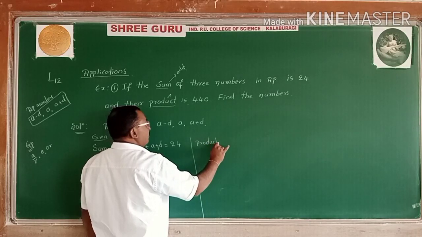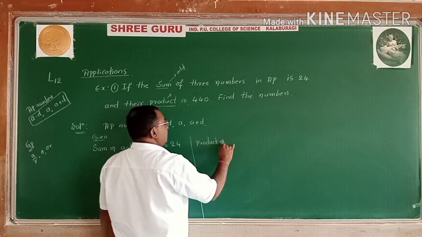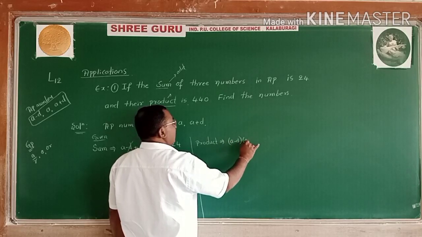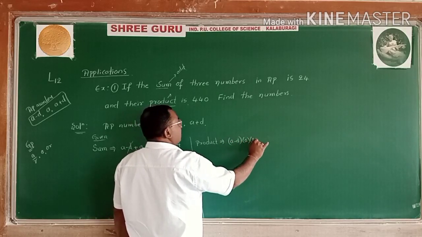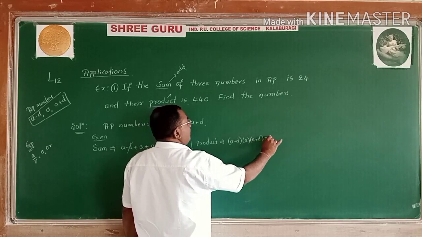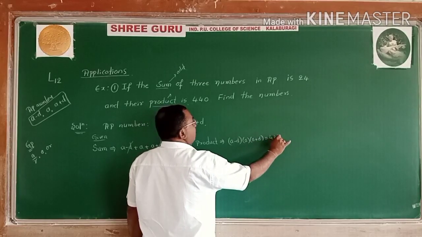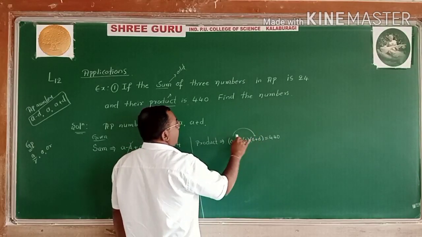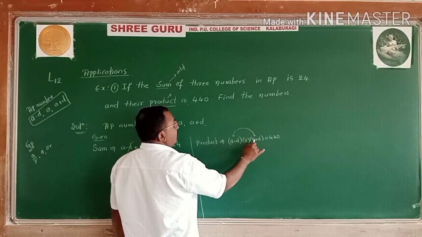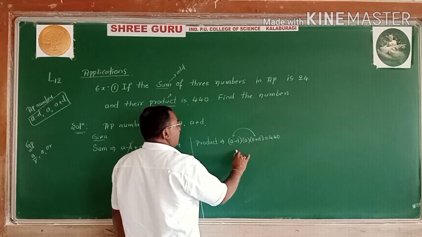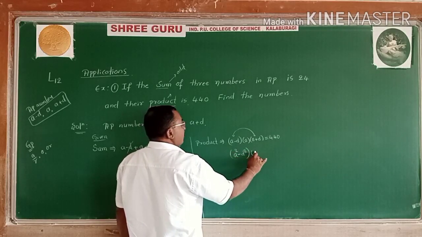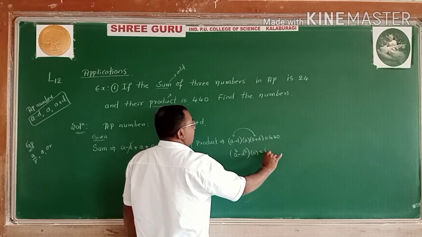One more is the product, that is, (A minus D) A (A plus D) is equal to 440. These two are in the form of A minus D, A plus D, so A squared minus D squared, into A, is equal to 440.